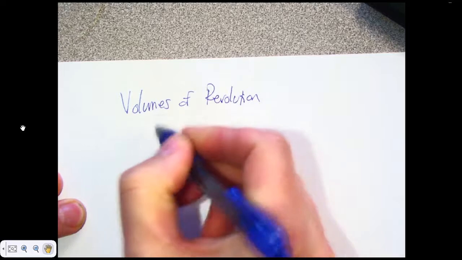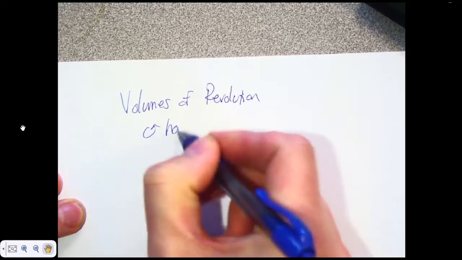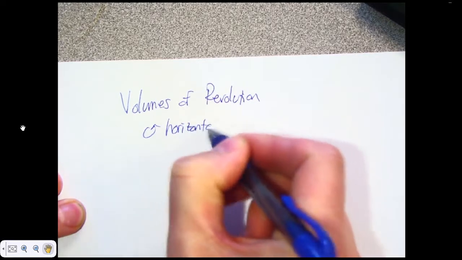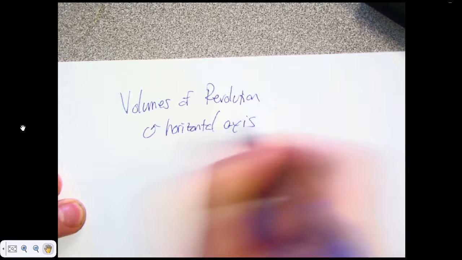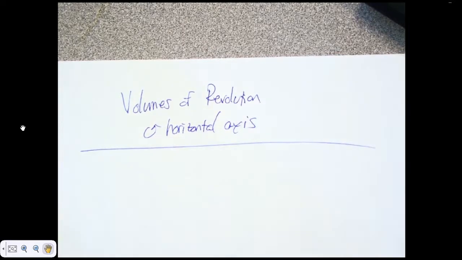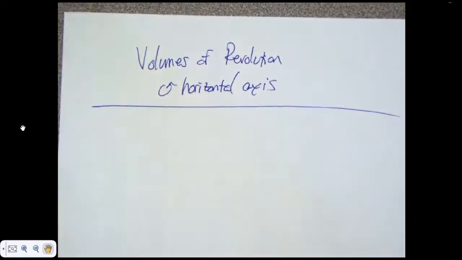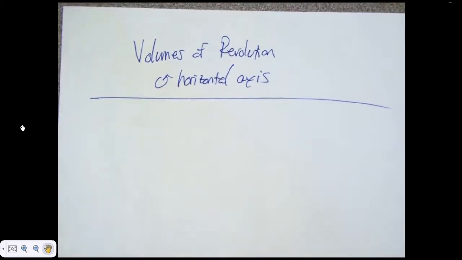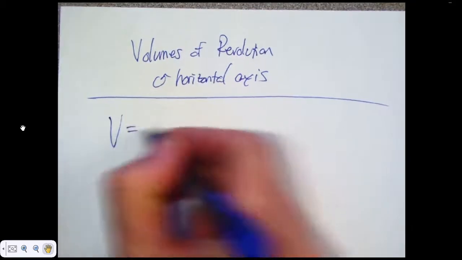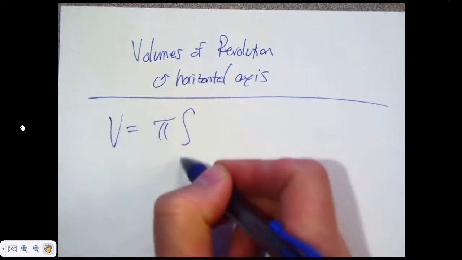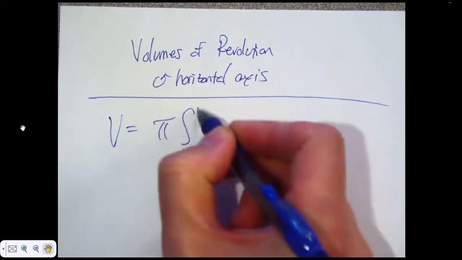And right now, we're going to go around a horizontal axis. The formula is pi, and I want to get into and show you why there's a pi there in a second.